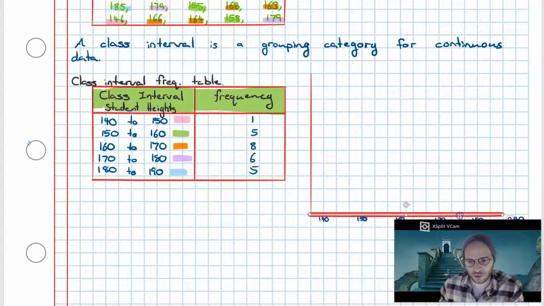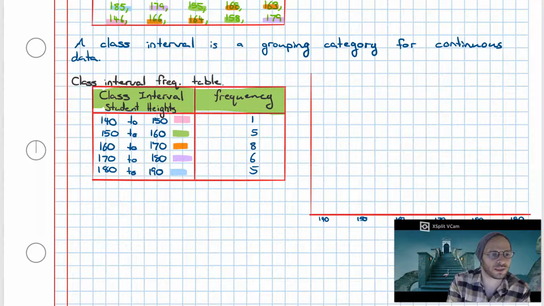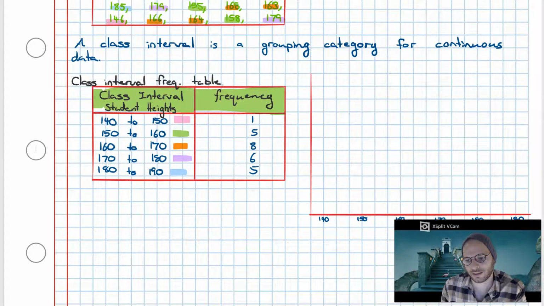If time permits, you should never be too worried or too concerned about redrawing a diagram to make it clearer and easier to understand. Remember, the whole purpose of representing statistics in these graphical manners is to make the data easier to digest.